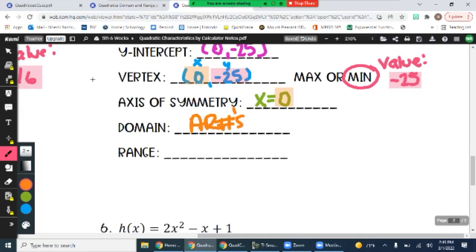And then the range. Label max min. Minimum on the left, maximum on the right every time. That negative 25 is a minimum value, so where do we place it? And what is the other side? Do we flip this?